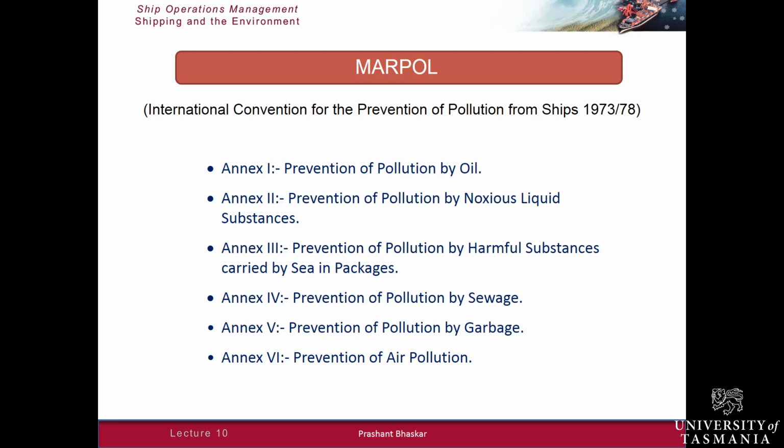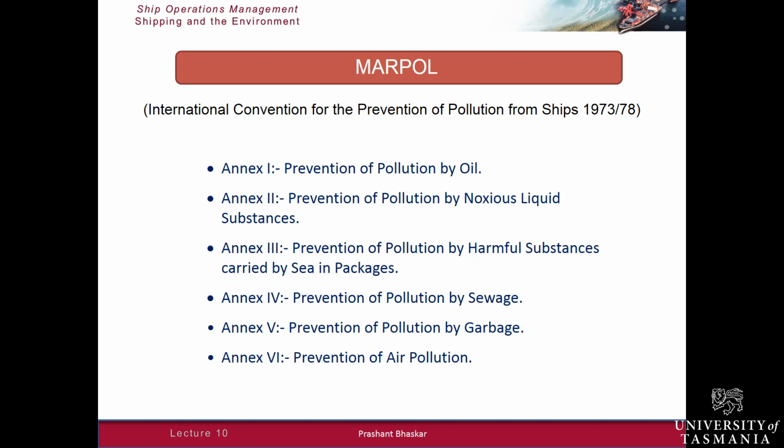it's quite a technical document, and it has 6 annexures, and each of these annexures covers the requirements about when, where, and how a pollutant can or cannot be put into the sea or into the environment. It also talks about the equipment that the ship should have, the way ships have to be constructed, and the certificates that they have to carry.